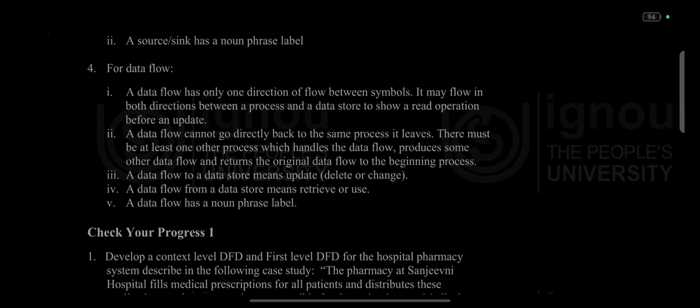There must be at least one other process which handles the data flow, produces some other data flow, and returns the original data flow to the beginning process. A data flow to a data store means update, delete, or change. A data flow from a data store means retrieve or use. A data flow has a noun phrase label.